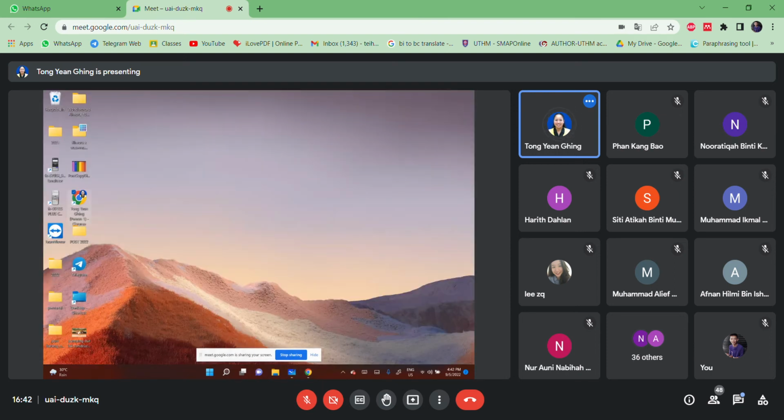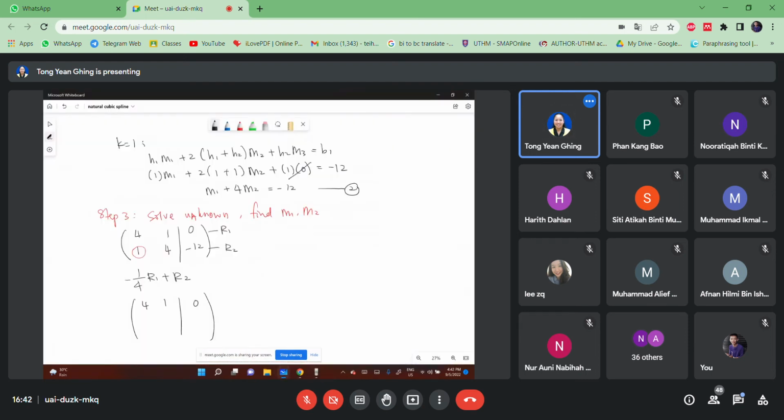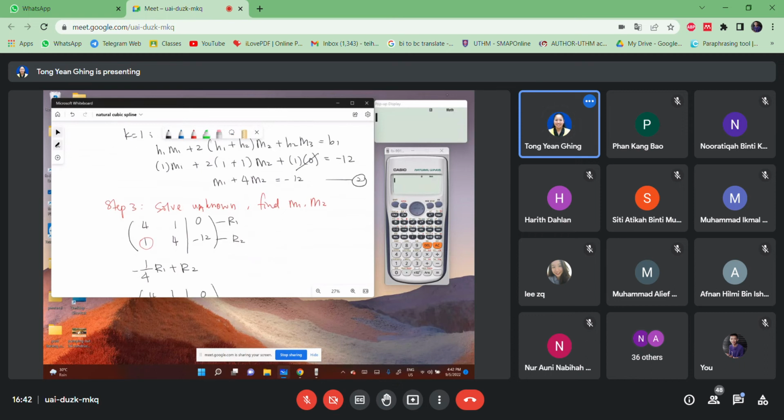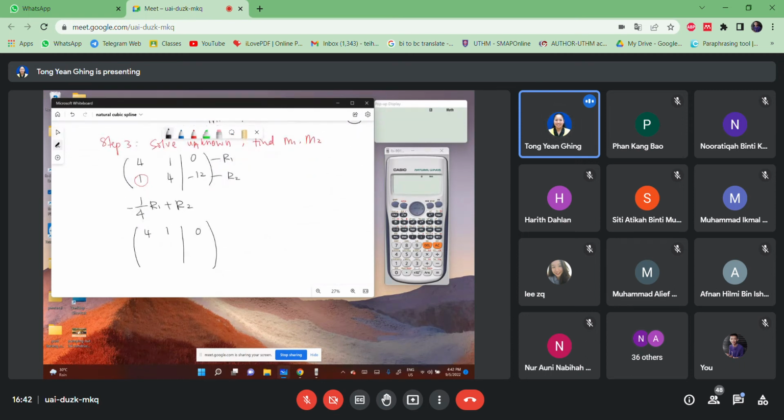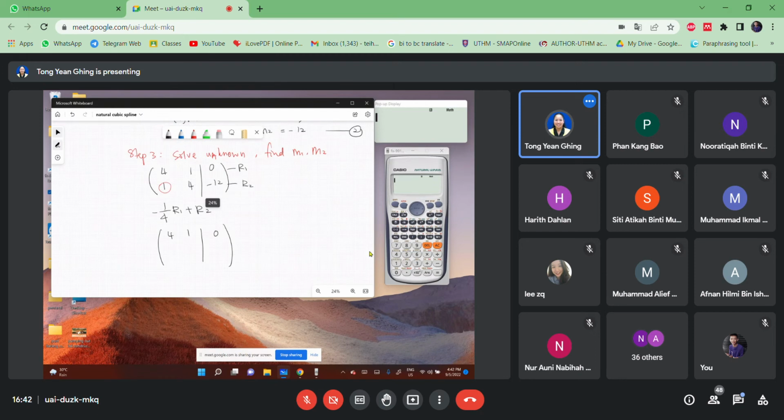Let me take the calculator first. Let me find my mouse too. Okay. So now negative 1 over 4, alpha A plus alpha B. Okay, so you just calculate what is my A. My A should be 4.